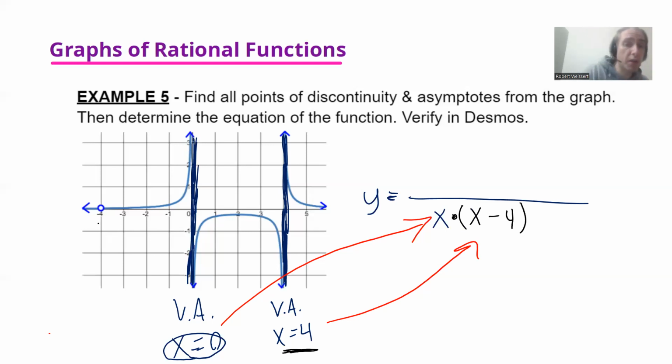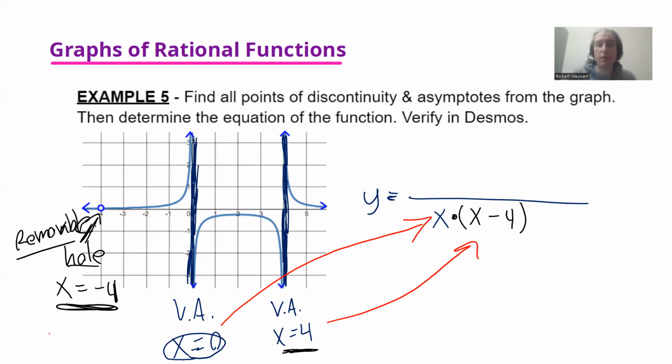But if you look over here, we have a hole. And that hole is going to be x equals -4. So that hole is your removable point. Remember, your removable point of discontinuity is the factor that cancels out. So x equals -4 comes from the factor x plus 4. Remember, this comes from x.